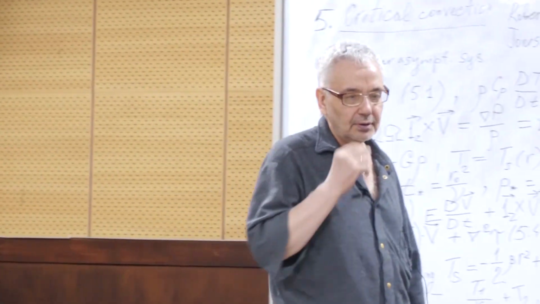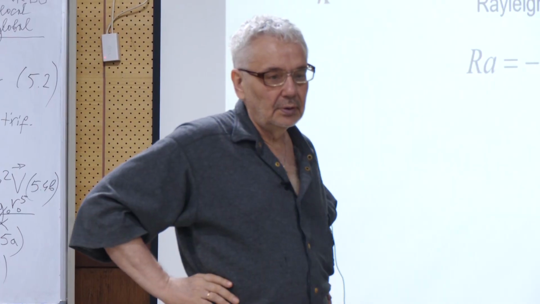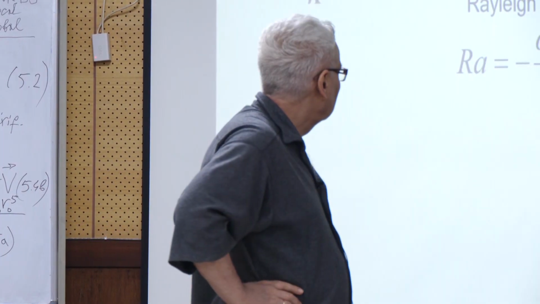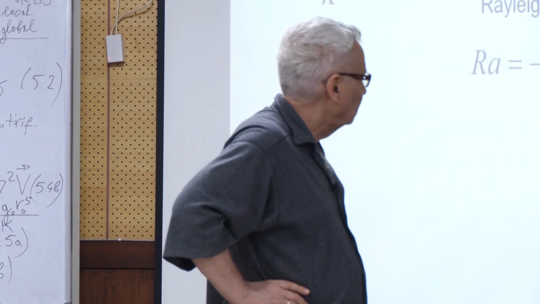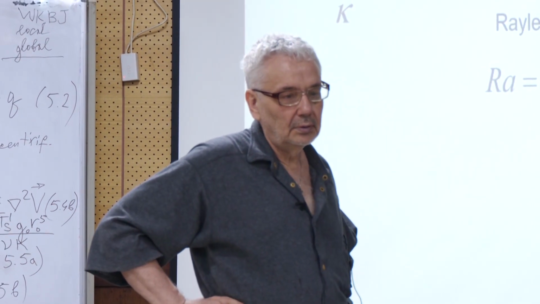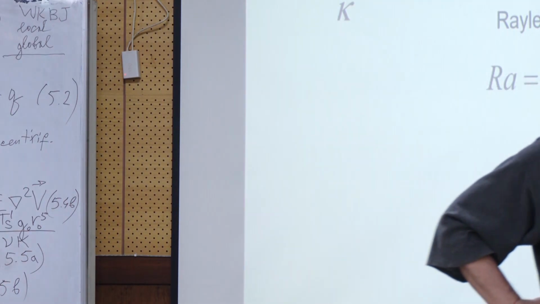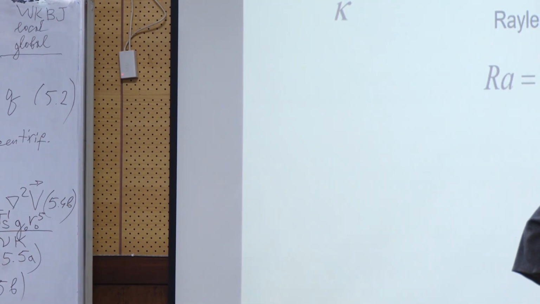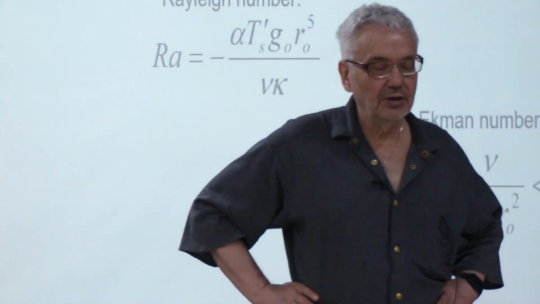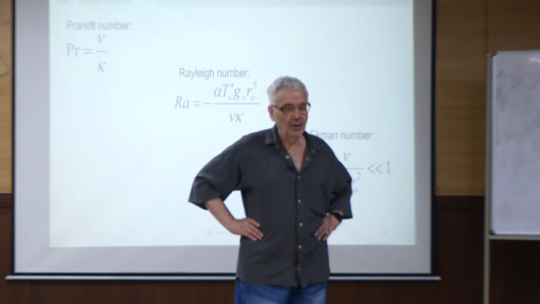Okay, please. It has TS prime. So TS prime is basically the differential coefficient of TS with respect to R. No, TS is the given profile of the temperature field. It's just the given profile of the temperature field.